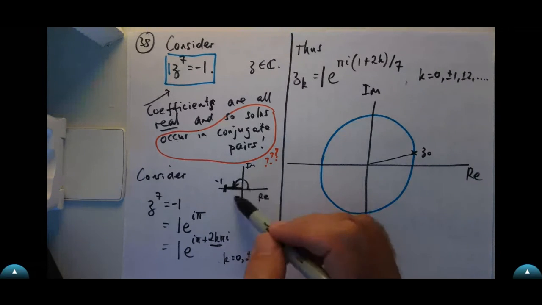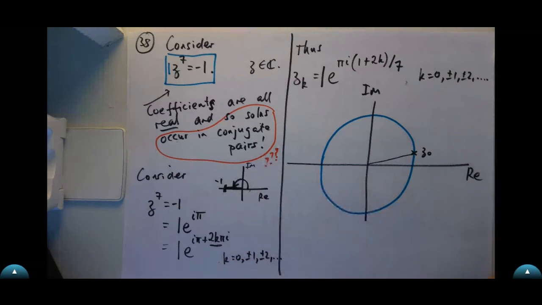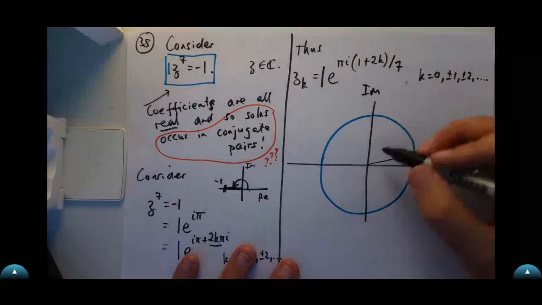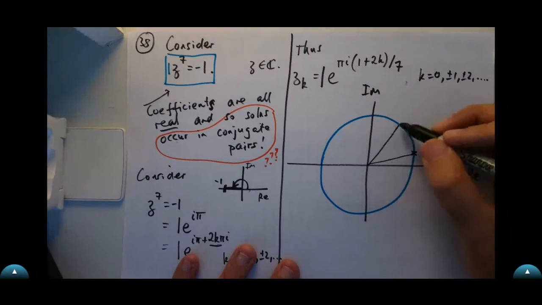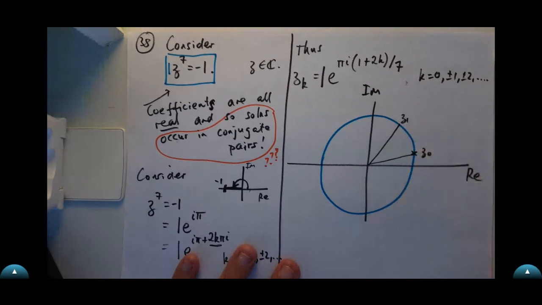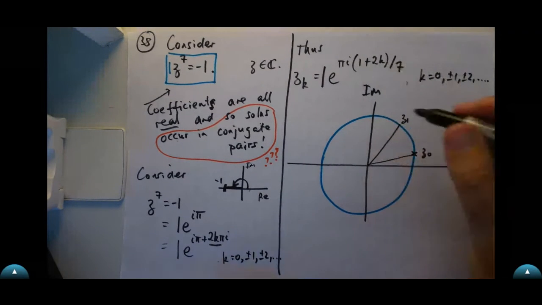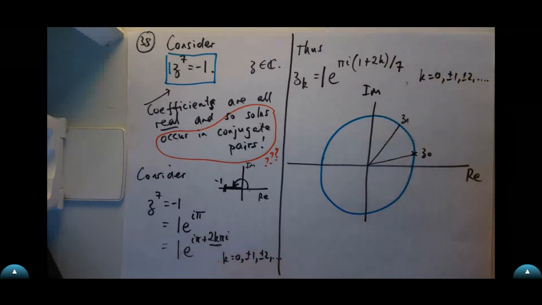Because if you do a full rotation, it's just 2 pi, right? Okay. So for k equals 1, it'll be 3 pi i on 7. So it'll be something like that, I guess. For k equals 2, it'll be 5 pi on 7.